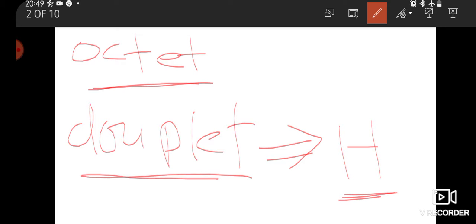Why is there a need for the octet rule and duplet rule?